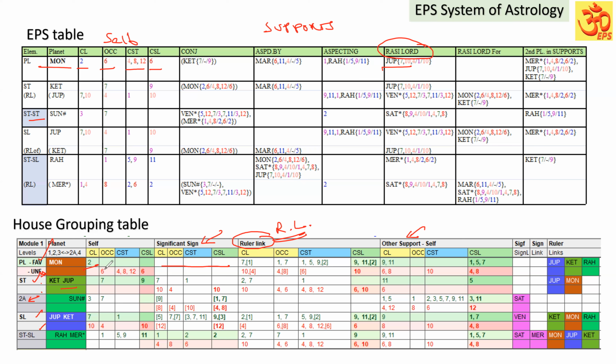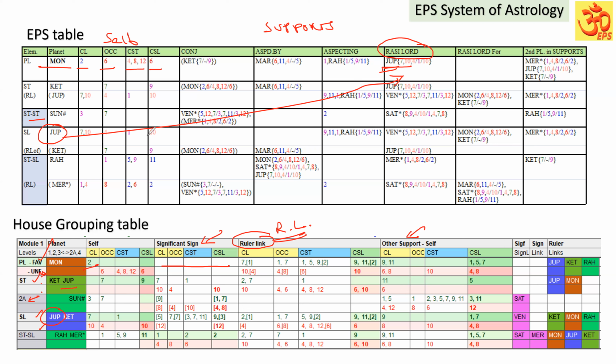It means what? You can see Moon has Rasi lord Jupiter, right? That Jupiter is playing a role as the sublord for the Moon. So Moon is in the sign of Jupiter, and that Jupiter is the sublord for the Moon. It means that Jupiter is forming a ruler link, right?